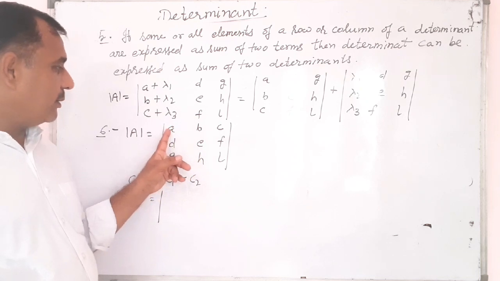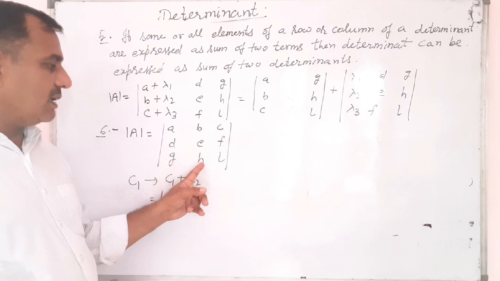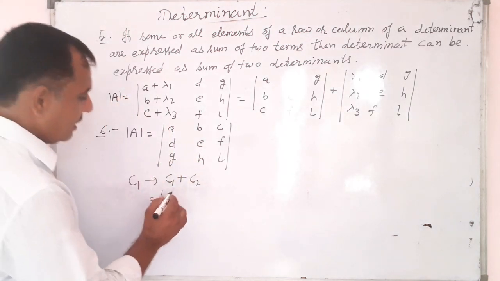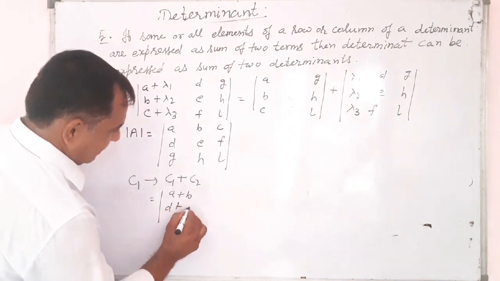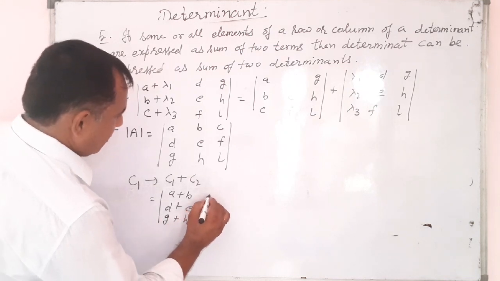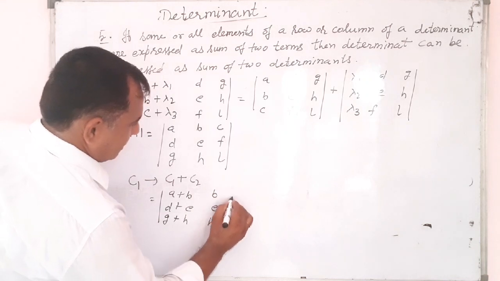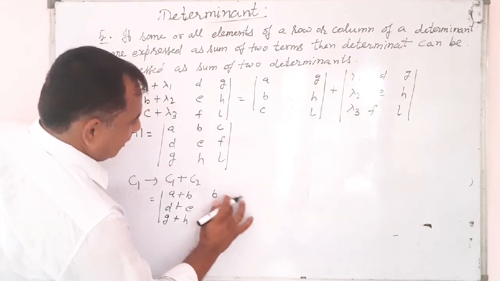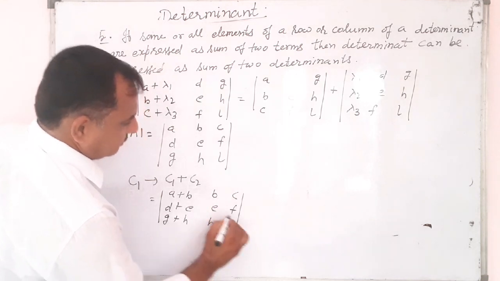The corresponding element of A is B, D is E and G is H. Then we can write A plus B, D plus E, G plus H, and B, E, H, C, F, L.